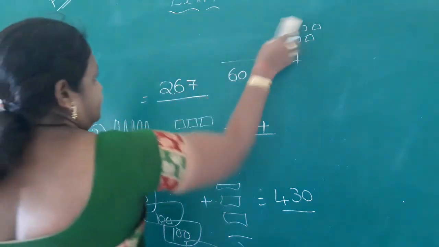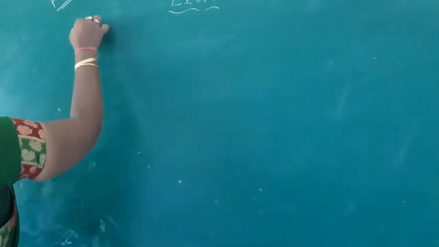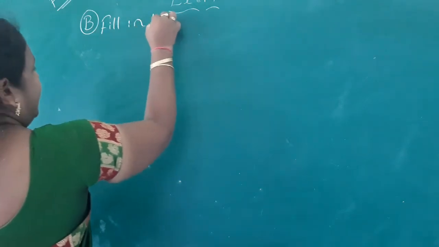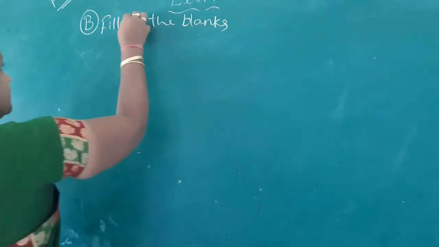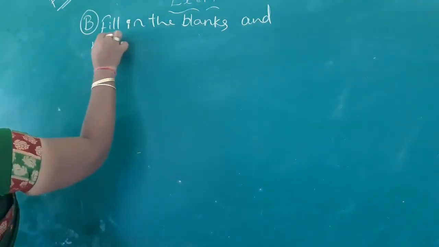Next, B Roman. Filling the blanks and write the number names.